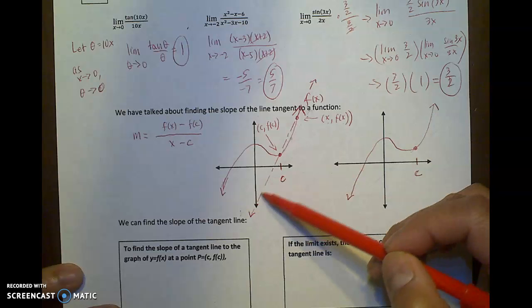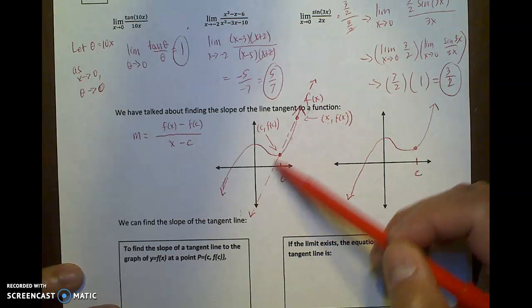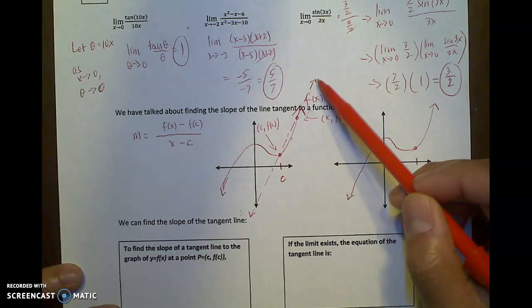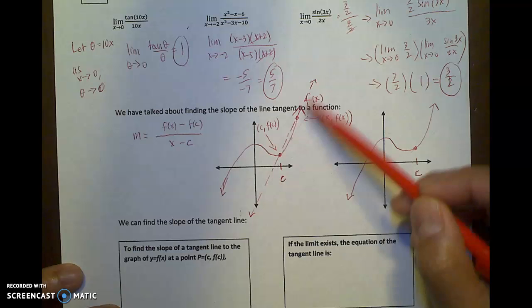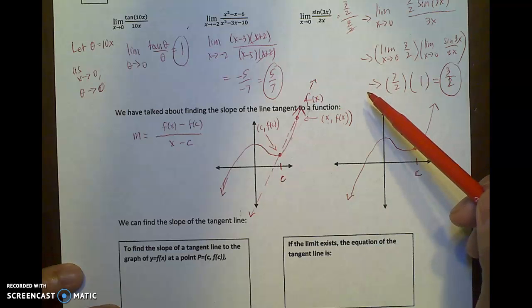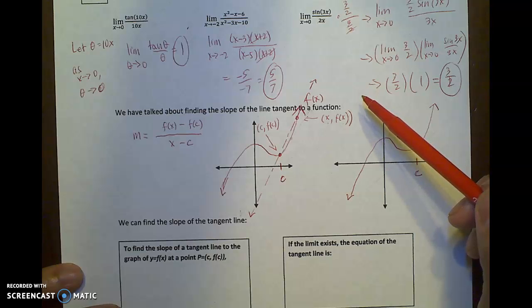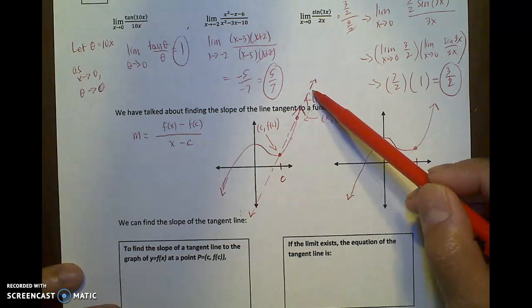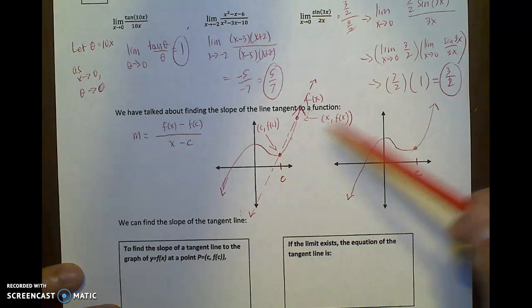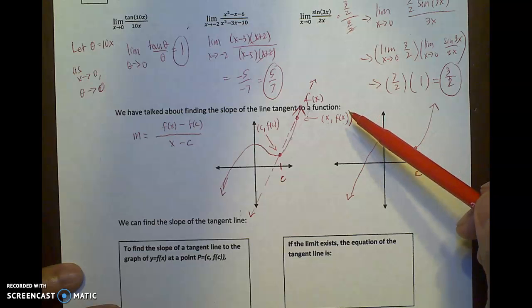Now what I'm going to do is connect those two points with a straight edge to create this line. This line is called the secant line. A secant line is a line that hits your figure at two different points. And with every line, we could always talk about the slope.